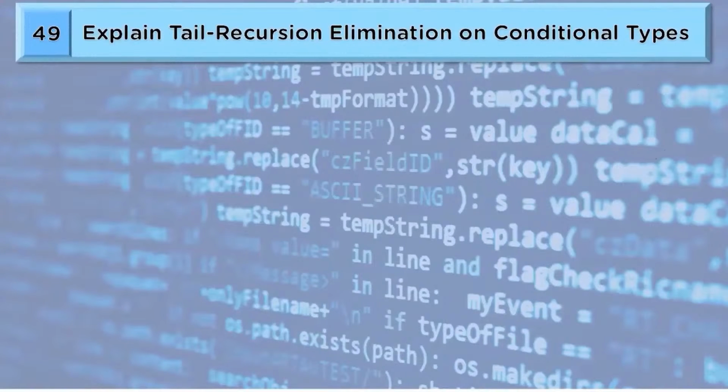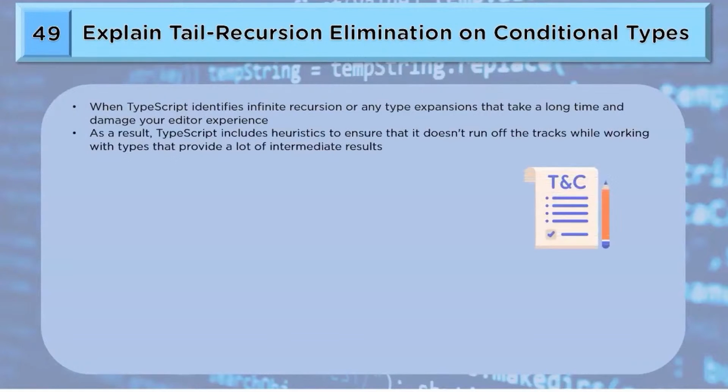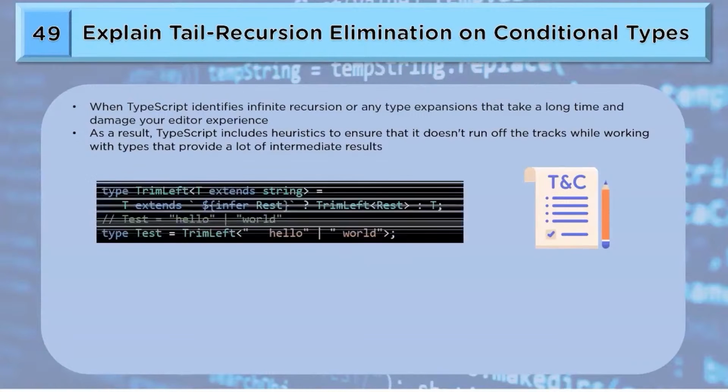Explain tail recursion elimination on conditional types. TypeScript detects infinite recursion or any type expansions that take a long time and damage your editor experience. As a result, TypeScript includes heuristics to ensure that it doesn't run off the tracks while working with types that provide a lot of intermediate results.